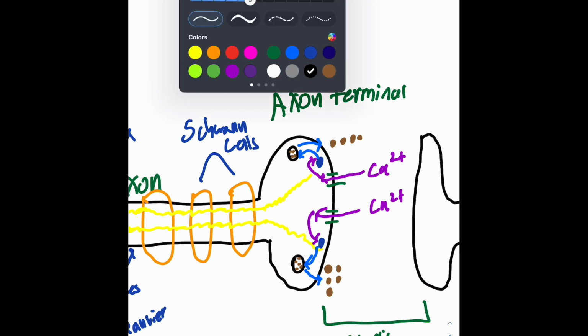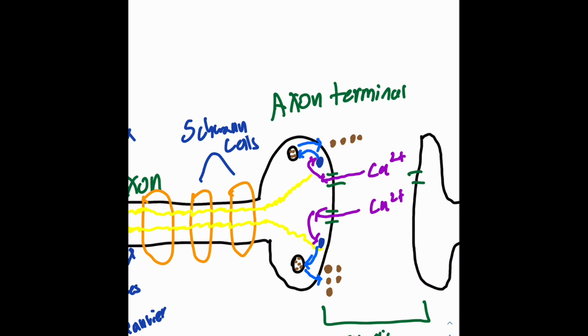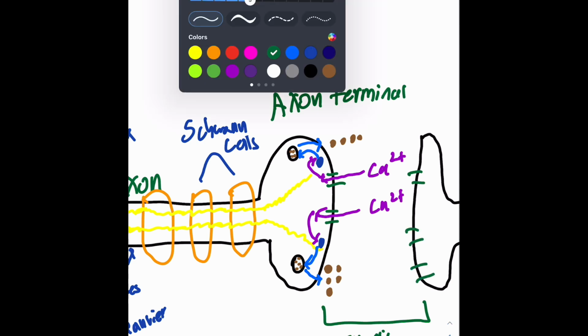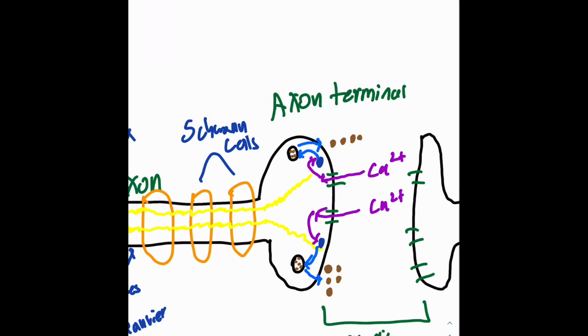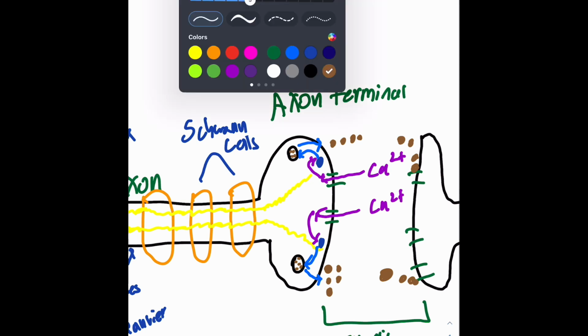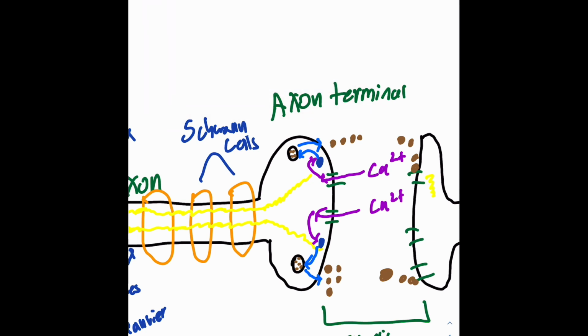And this neuron has receptors. These receptors are able to accept these brown chemical messengers, which are then able to activate the receptor and create another electrical current downstream of that neuron.